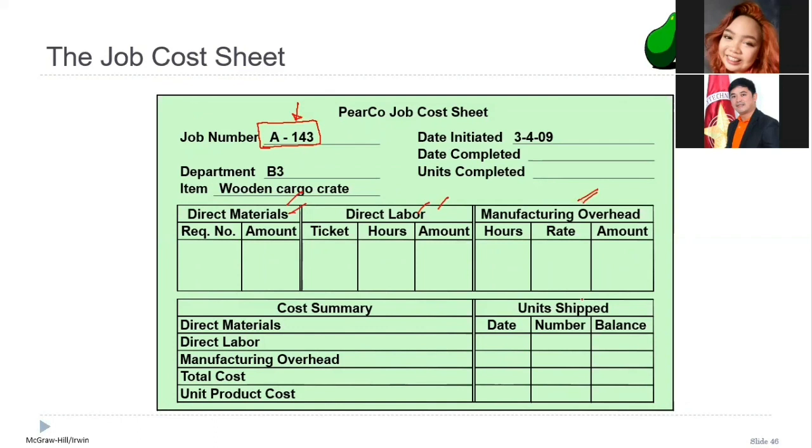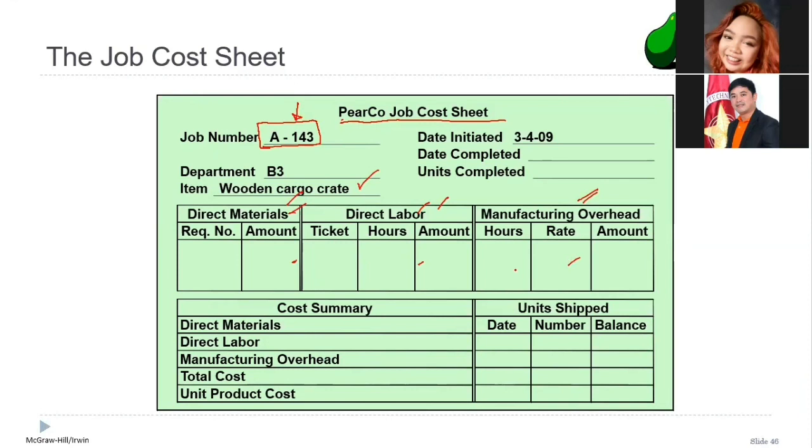So we will look at the job cost sheet used by this company, si Perco job cost sheet. So Perco company. So the company job that calls for the construction of wooden cargo crate. Ayan, so yan yung product nila. And you can see the separate sections for DM, DL, and OH.